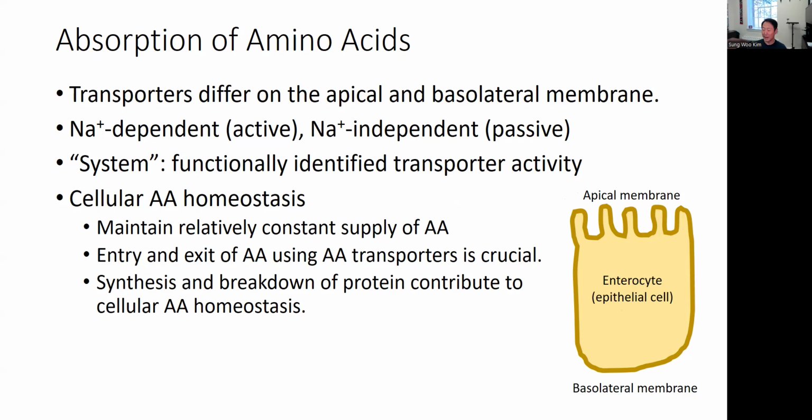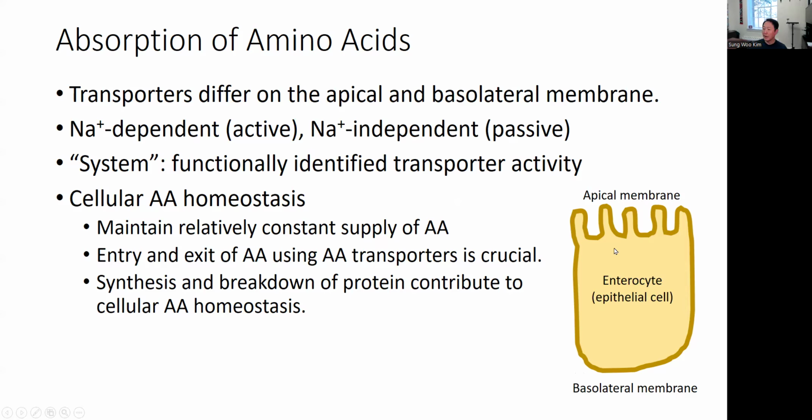It's not a villi, it's a microvilli found on the apical membrane of the enterocyte. So this is the lumen, the luminal side or apical side. The other side is the basolateral membrane, and this is the inside of the body.